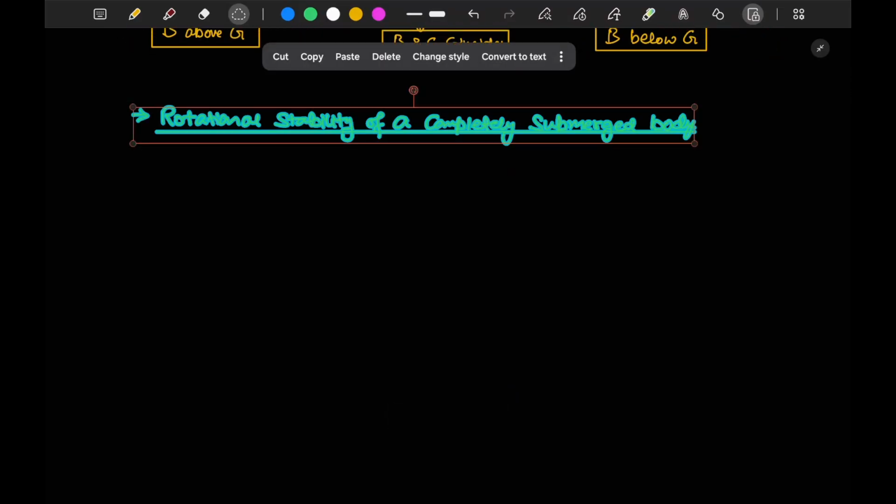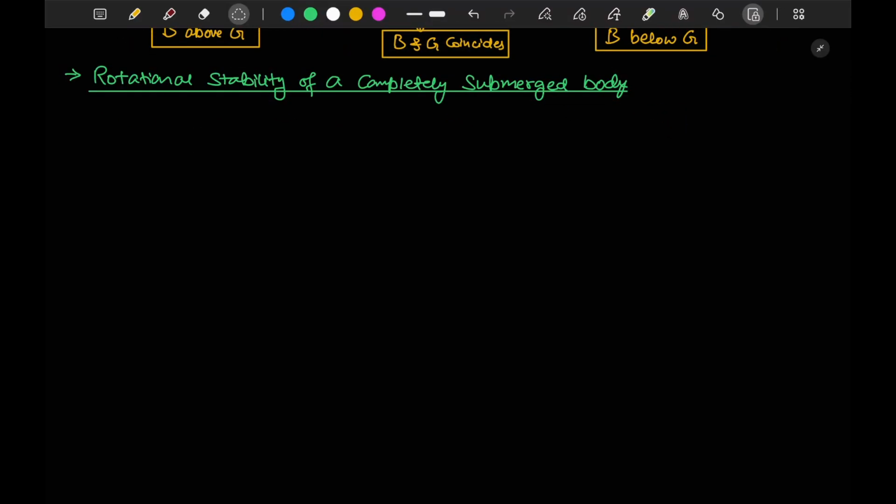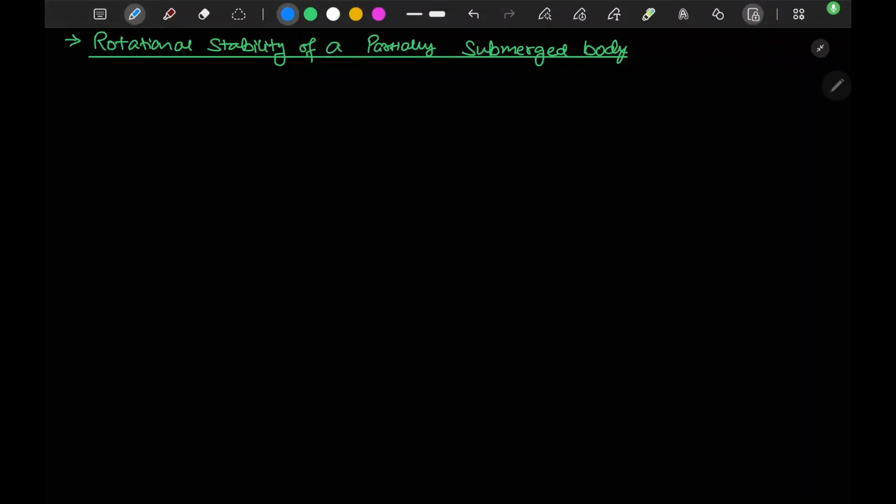Now we will talk about our next topic, that is rotational stability for partially submerged bodies, or you can also say floating bodies. Okay, so we will take some examples here. Let's consider first a free surface.